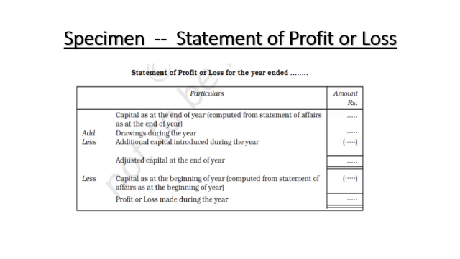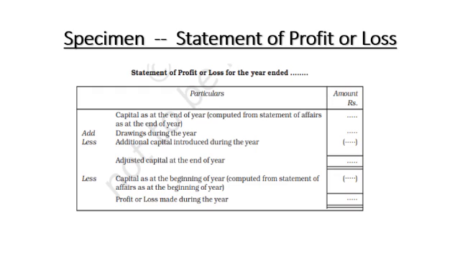So the total of the adjusted capital refers to the adjustment of the capitals: closing capital, drawings and additional capital. If it is more, then the result will be declared in the form of profit, otherwise in the form of loss during the one particular year.